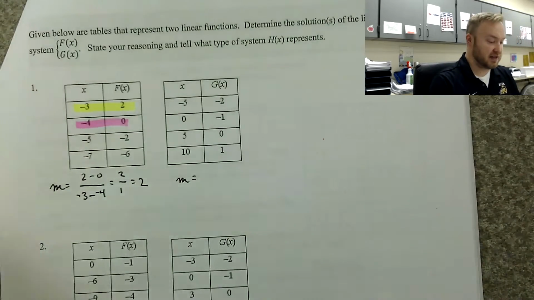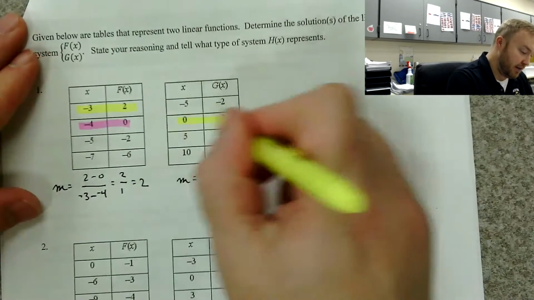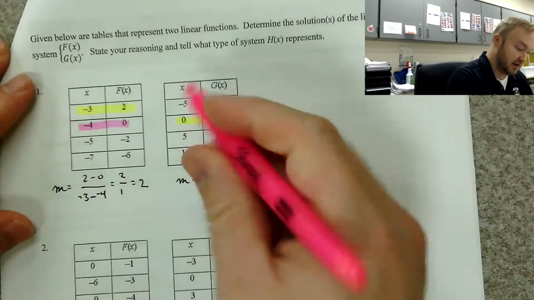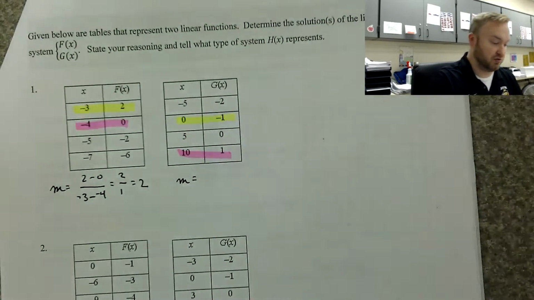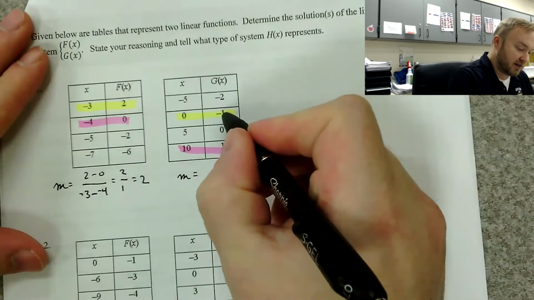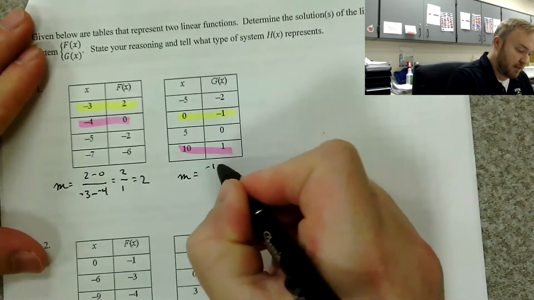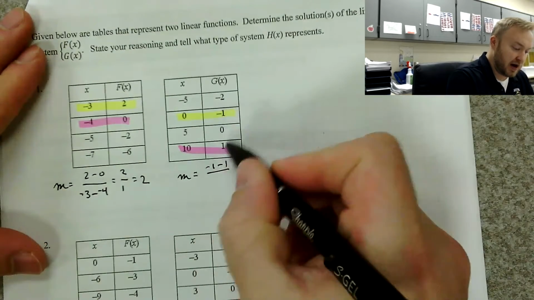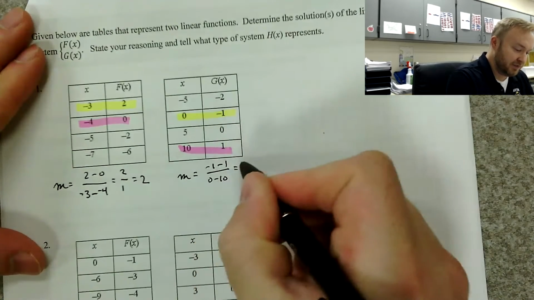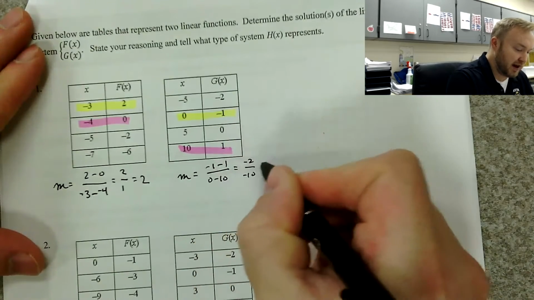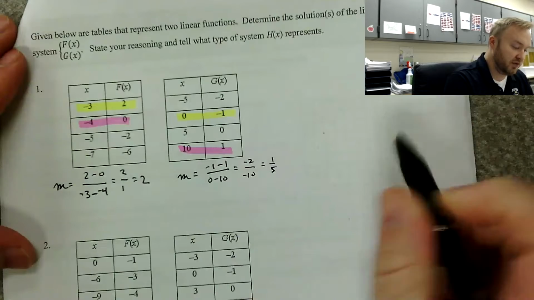For g of x, pick any 2 points. I'll pick that one and this one. Doesn't make a difference which 2 you choose. Subtract the y-coordinates, -1 minus 1. Subtract the x-coordinates, 0 minus 10. That's -2 over -10, which is 1/5.